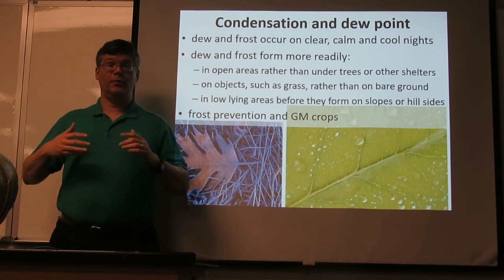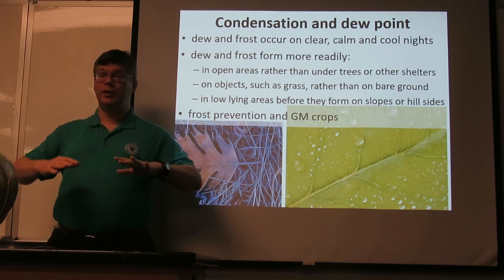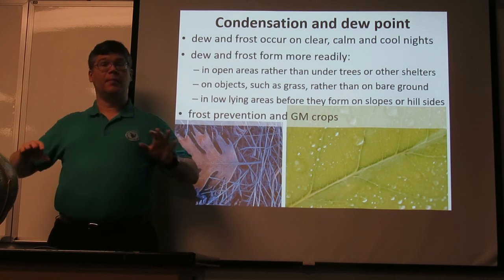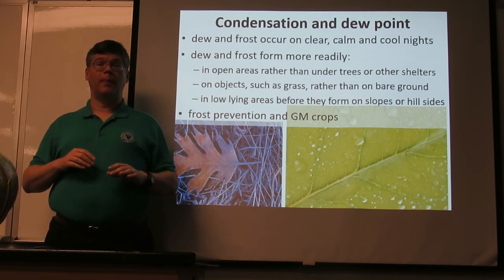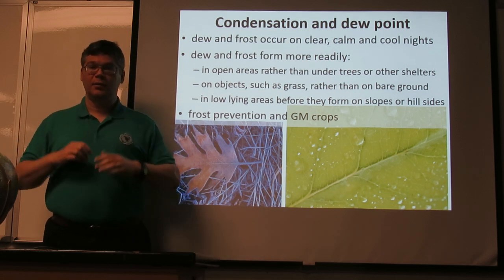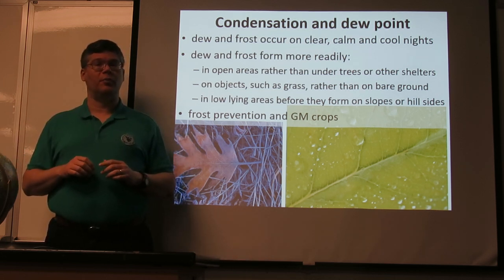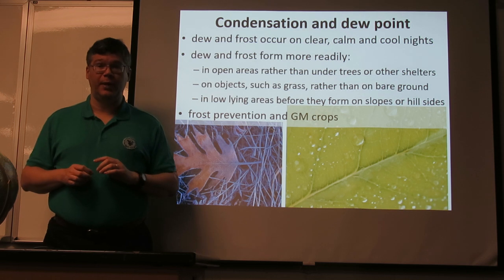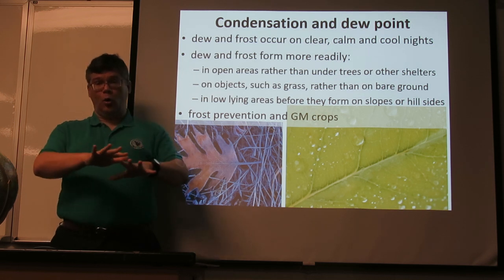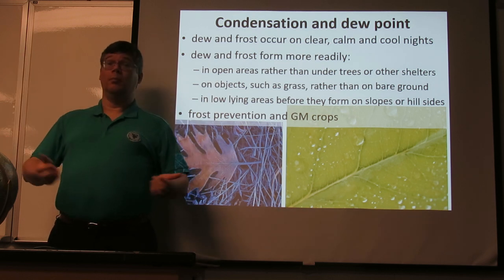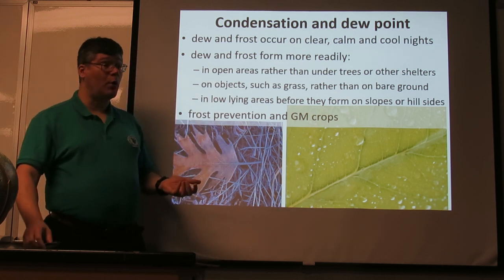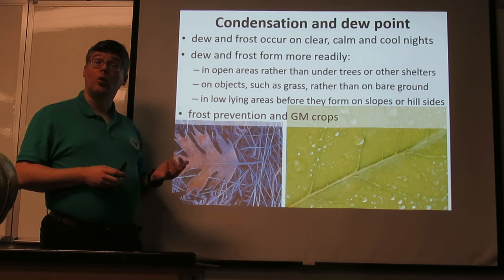So as cold air sinks, it's going to end up down in the valleys, with slightly warmer air higher up. Yes, that's the reverse of the normal large-scale pattern for the troposphere, but locally we get these things happening. So that colder air sinks down into the low spot, where it's colder and more likely to get down to the dew point and start making our dew or frost.